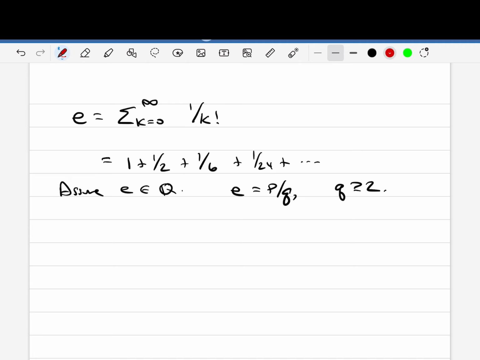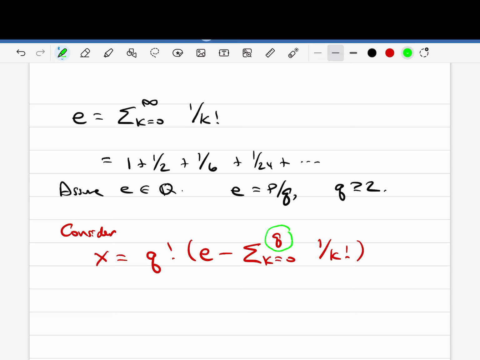So now consider the number x equals q factorial times e minus the sum from k equals 0 to q of 1 over k factorial. Notice that the number q makes two appearances in this definition, and of course it's the same q.